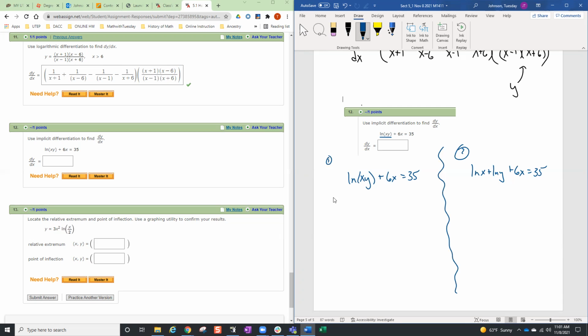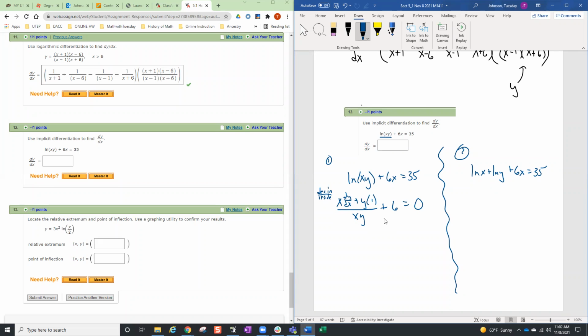This is derivative of the inside. So the derivative of x times y is first derivative of the second plus second derivative of the first all over the inside, right? Derivative of the inside divided by inside. And the derivative of 6x is 6, and the derivative of 35 is 0.